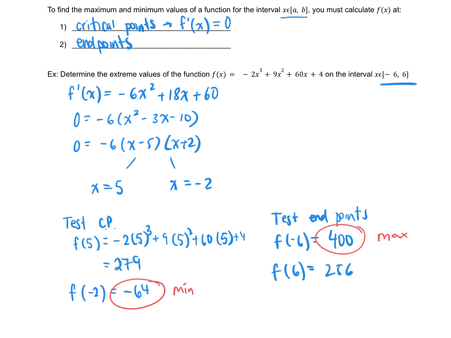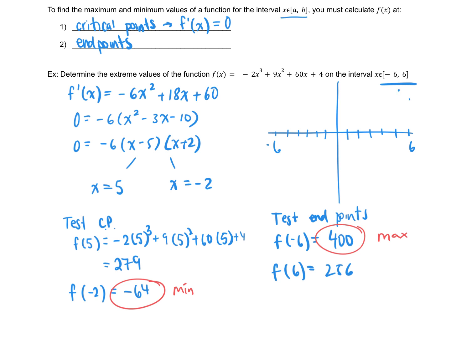So let's do a little visual just for the justification in case we don't believe what's going on. So there's -6. There's +6. So at +6, we're, let's say, 256. And at +5, we're at 279, so a little higher.